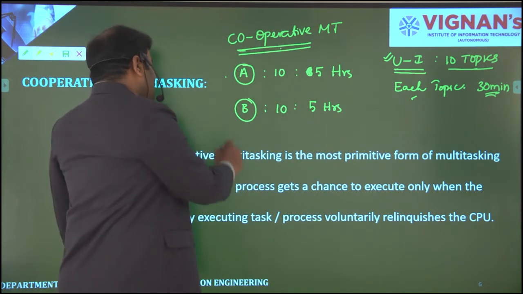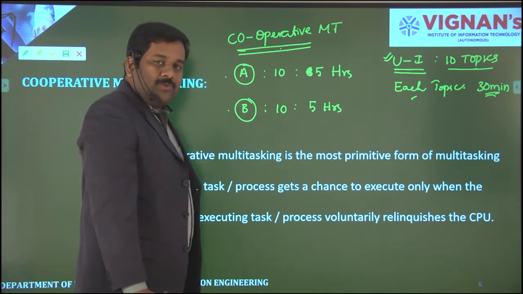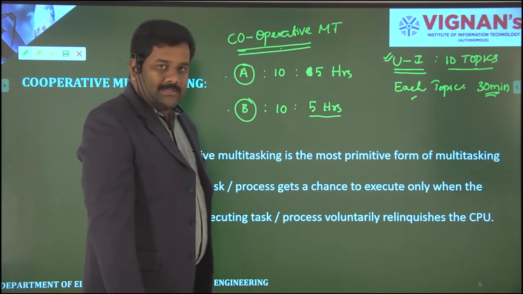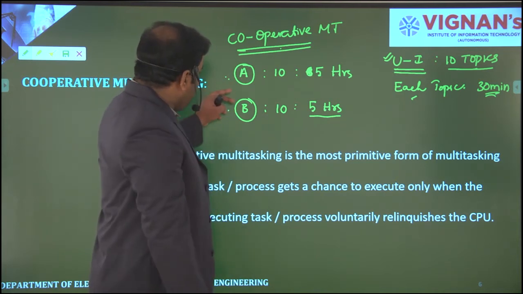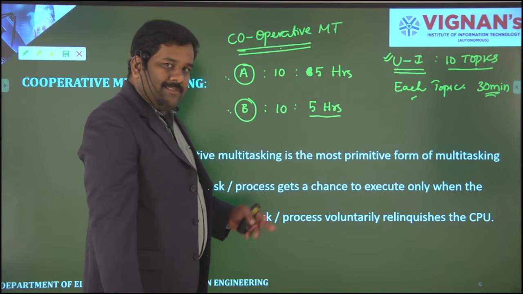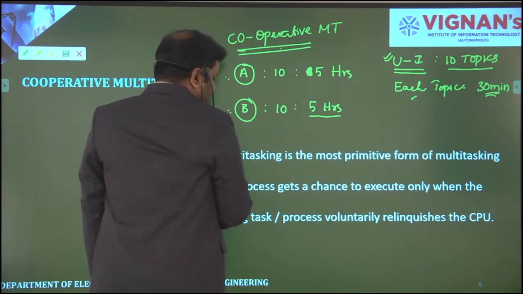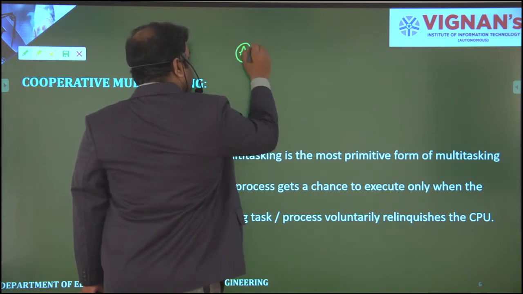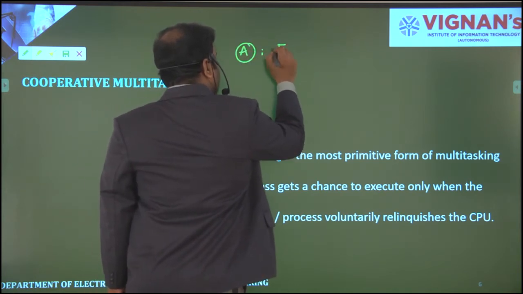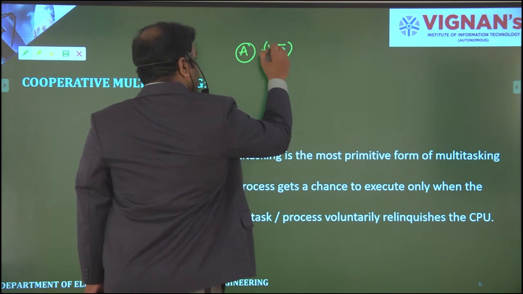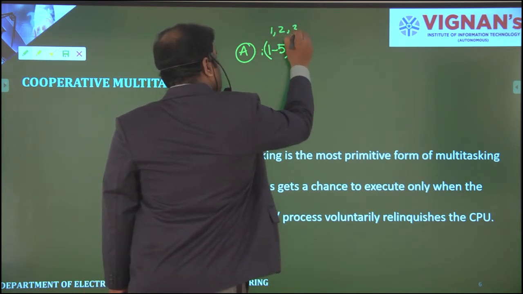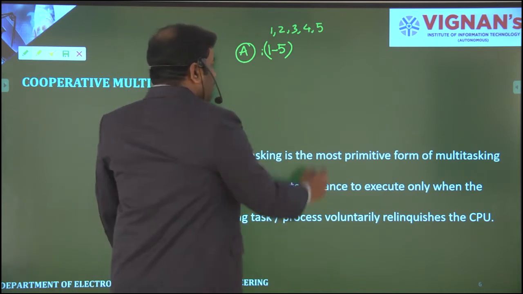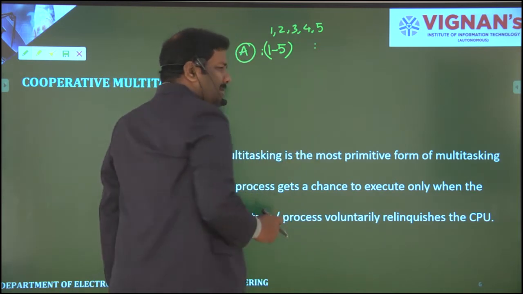But these students do not have that much time to spare on unit 1, five hours. Then A and B will study combinedly. For example, student A will read topics 1 to 5: 1, 2, 3, 4 and 5. These are the topic numbers. Each topic will take 30 minutes only.